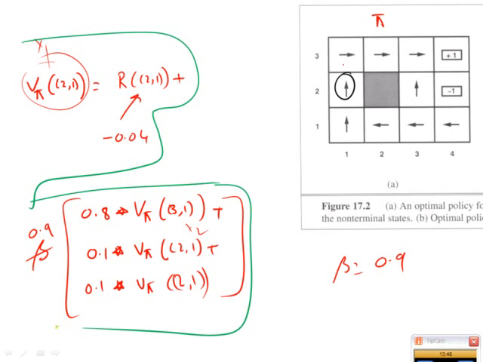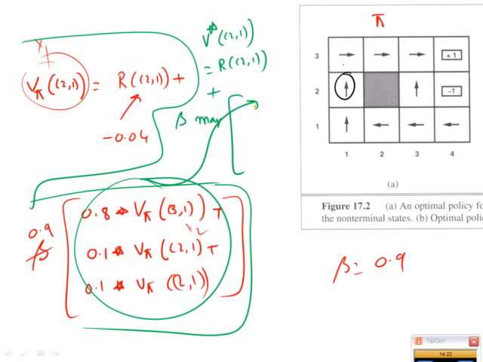So in that particular case, let's try to write it. I'm going to now write V star of 2, 1. Again, for the same state, I'm writing the Bellman equation now. V star of 2, 1 is equal to, again, R of 2, 1, plus beta times max of multiple equations. The first equation would be this whole thing, that's basically the going up equation.